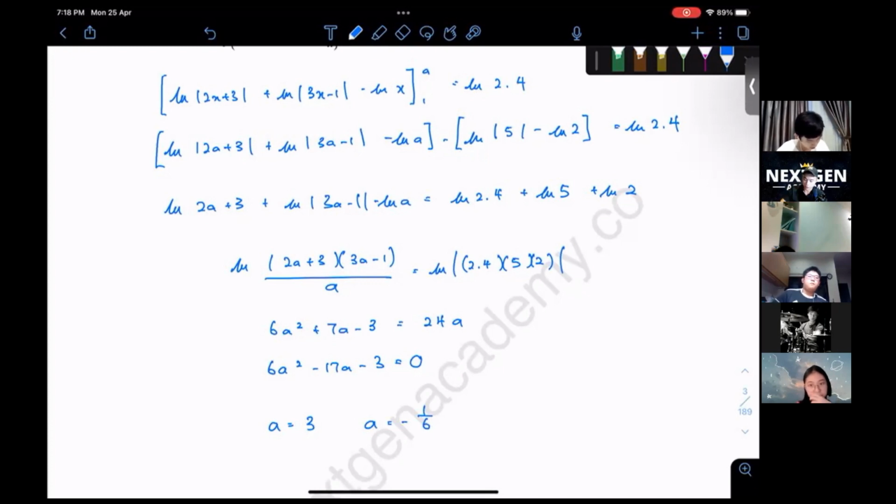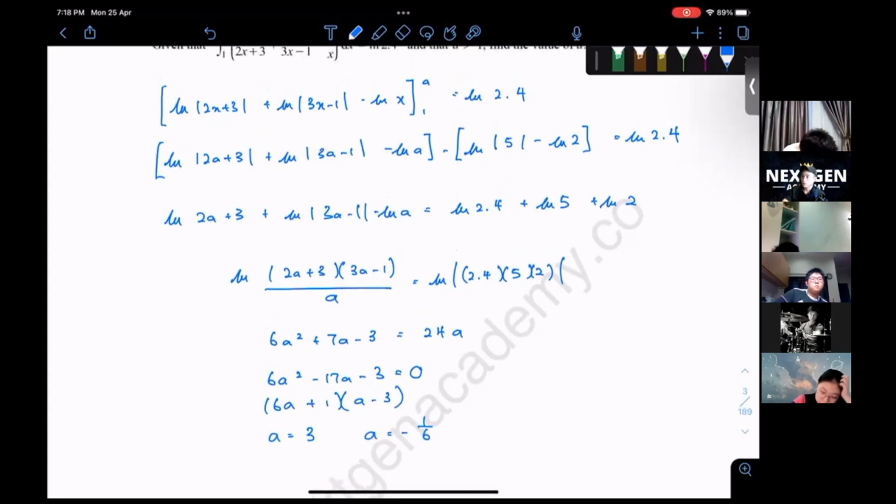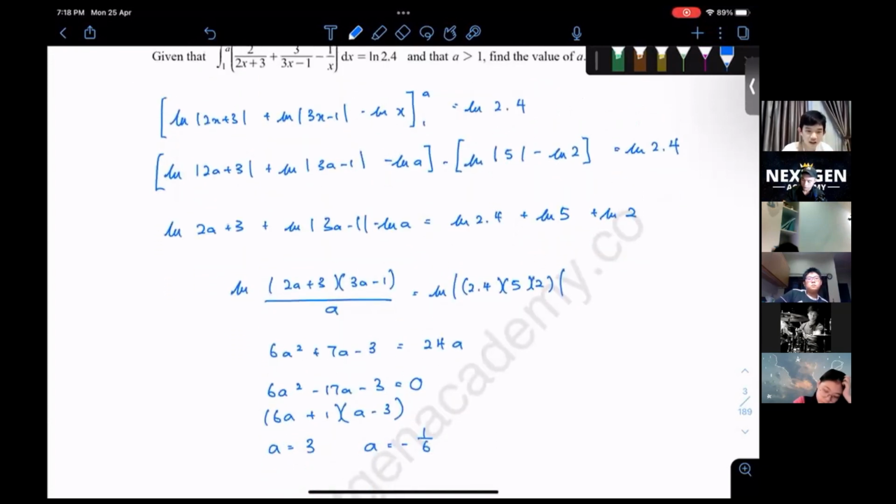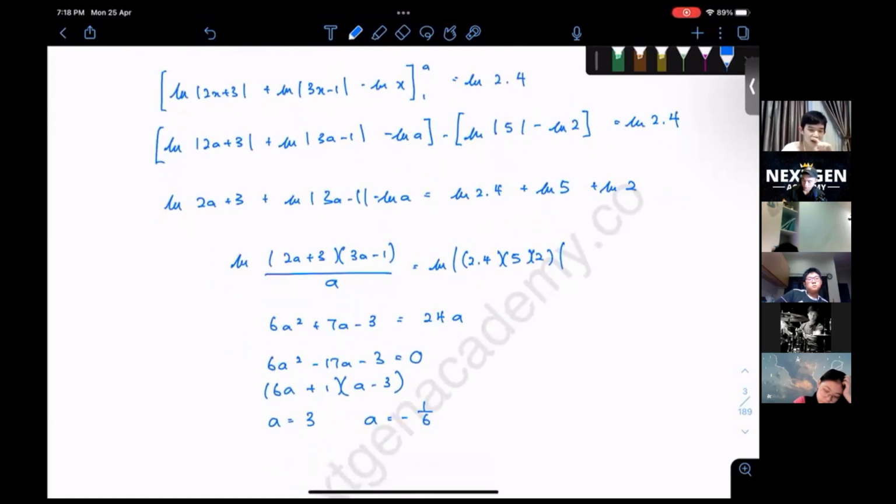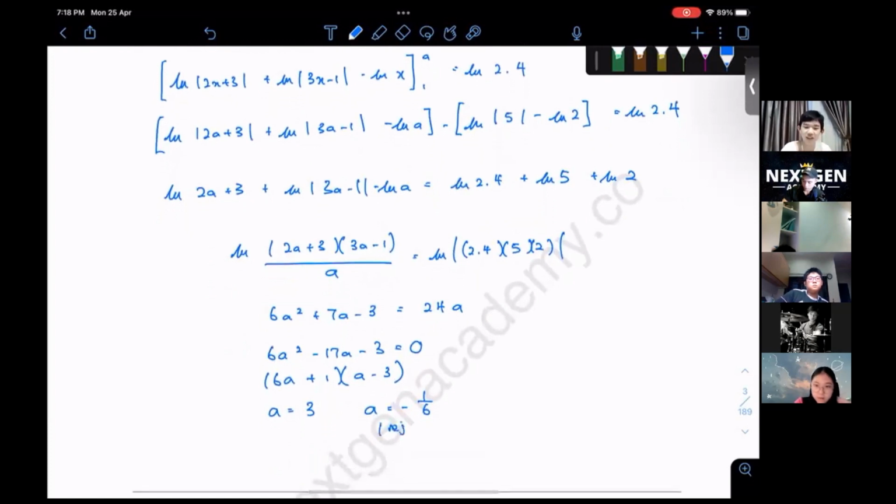So even if you type into the calculator, this will be 6a plus 1, then a minus 3, right? You know how to reverse, right? Okay. So a equals to negative 1 over 6 is rejected. Yeah, reject this one.